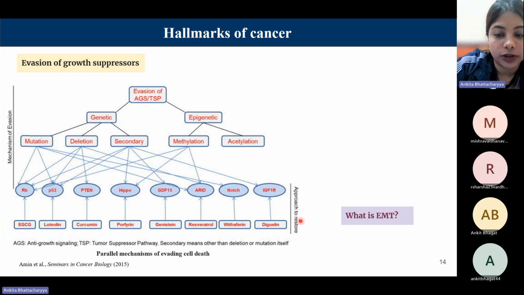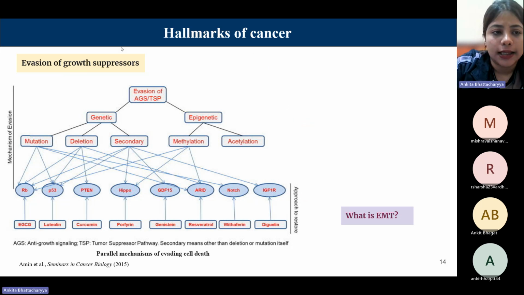What you see at the bottom are different strategies which can be used to restore the function of these proteins. Think of them as security guards, as sentinels, which ensure the harmony of the cell, and that harmony is lost. So different strategies for restoration have been discussed here.